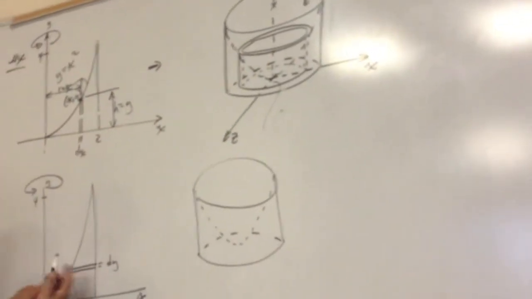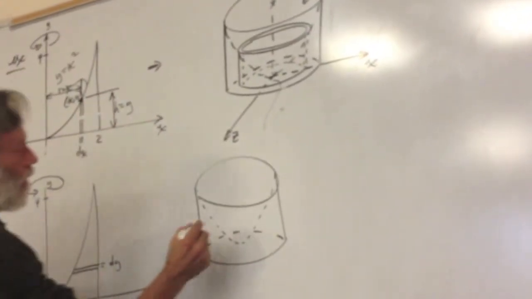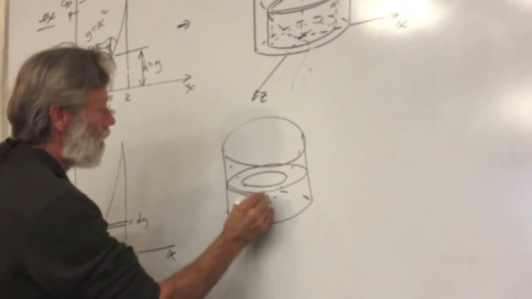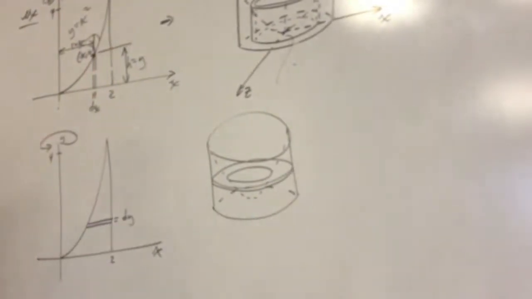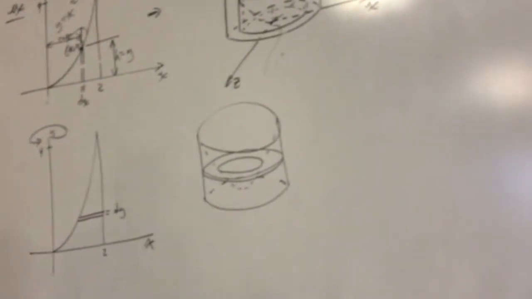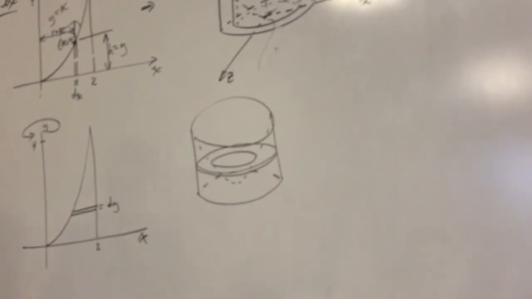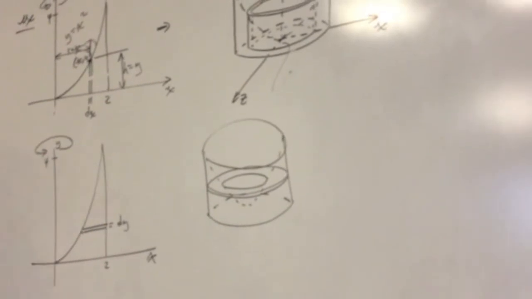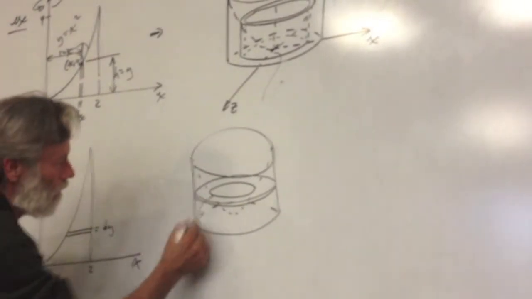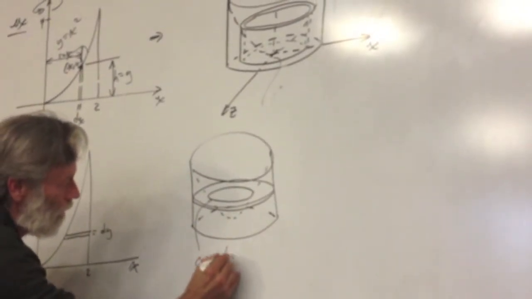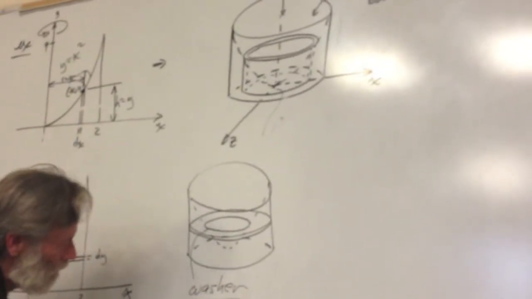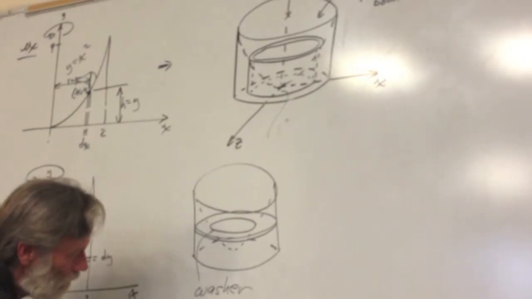But these things, when spun, are going to create essentially a washer in here. So thickness. Take this, revolve it around, and we have what's called a washer. So it's basically an object that's thin.